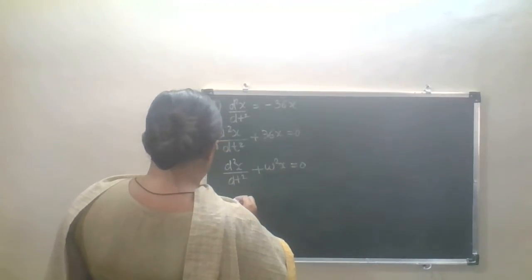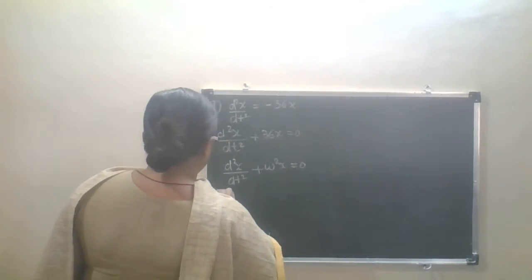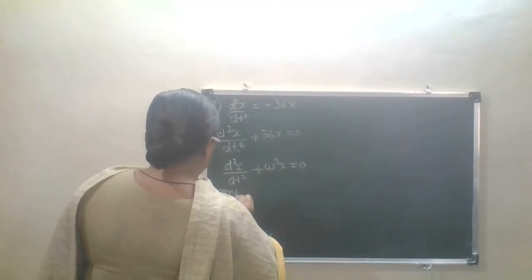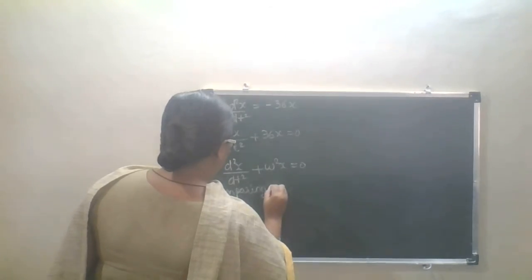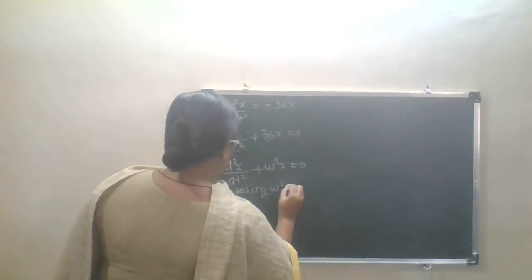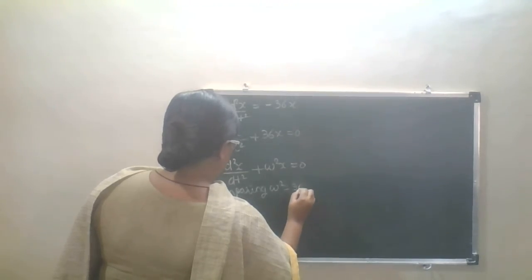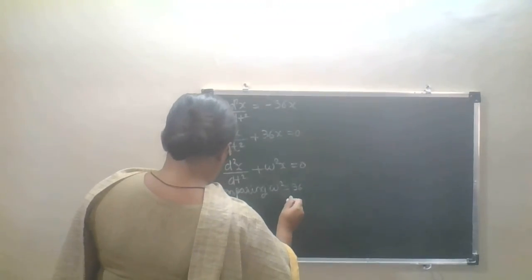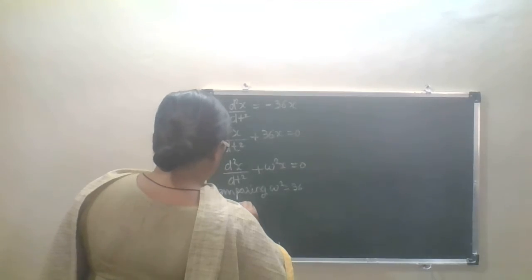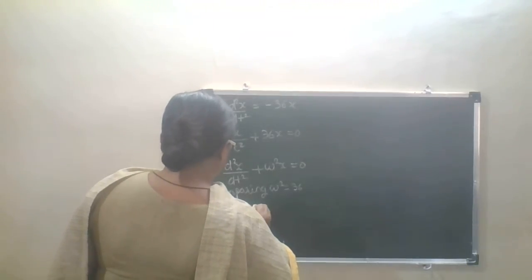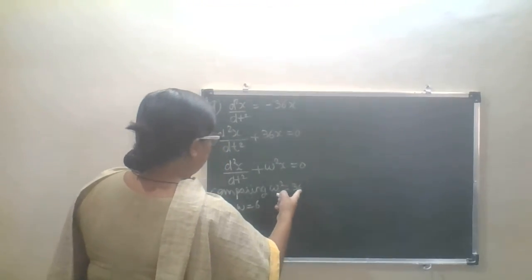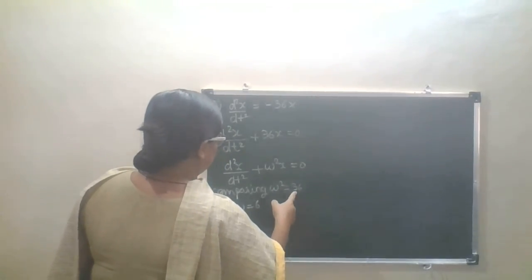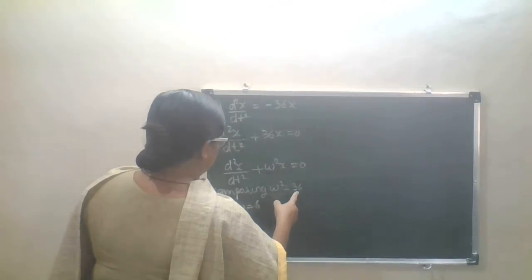Now comparing, we get omega square is 36, so omega is equal to 6, because the square root of 36 is 6.